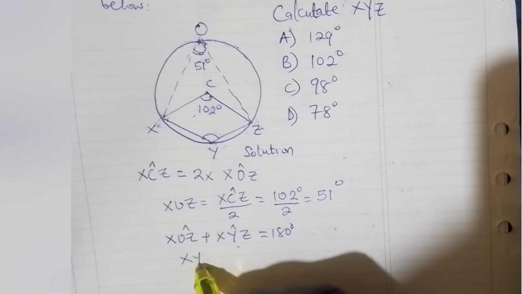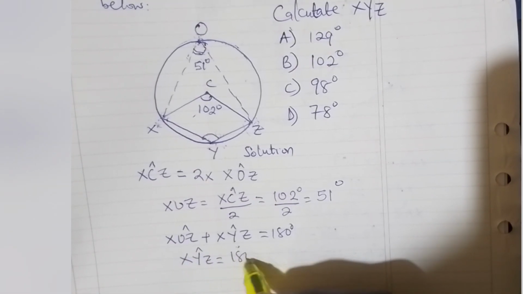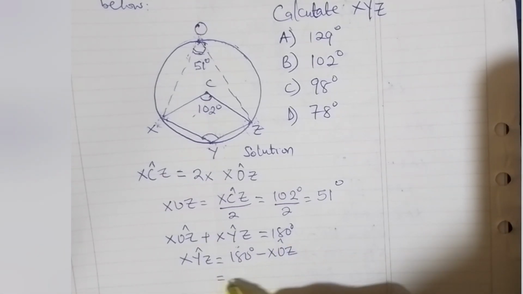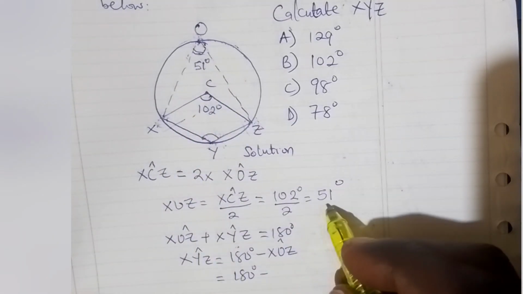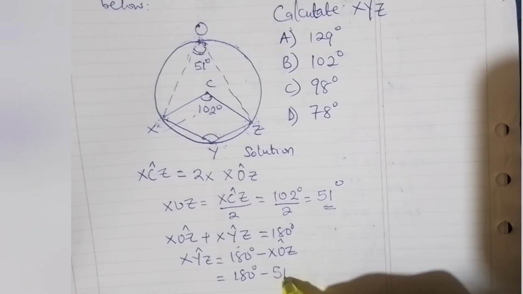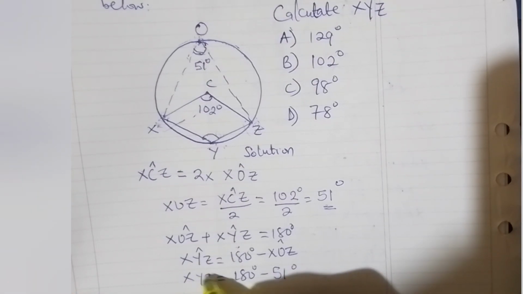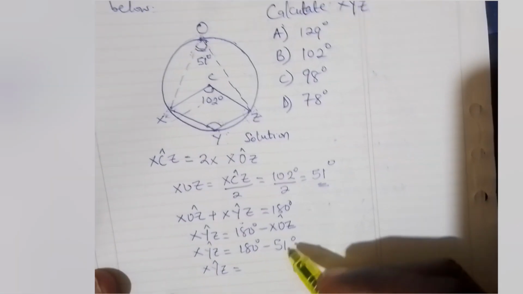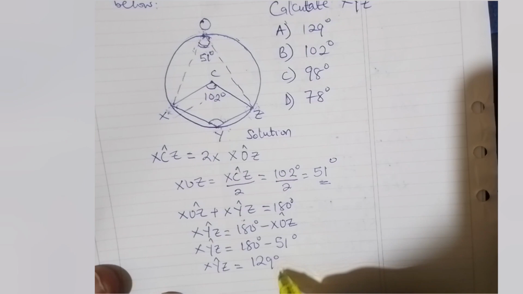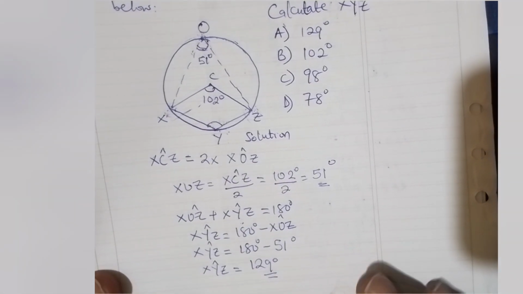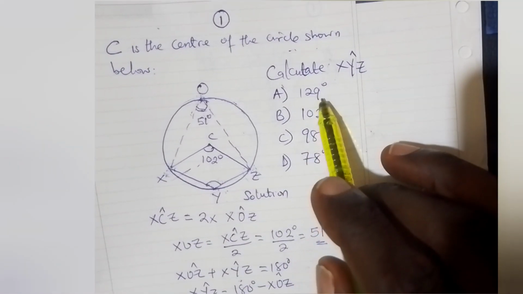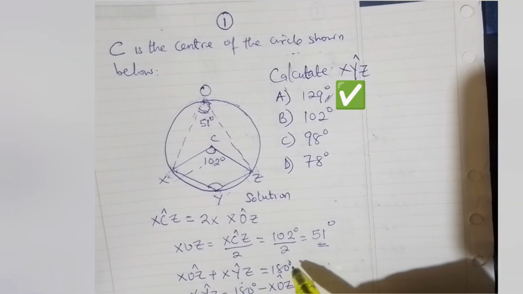So XYZ is equal to 180 degrees minus XOZ. From this question, XOZ is 51 degrees, so 180 degrees minus 51 degrees. When we do 180 minus 51, you're going to get 129 degrees. So you can see from this question that the value of XYZ is 129 degrees.